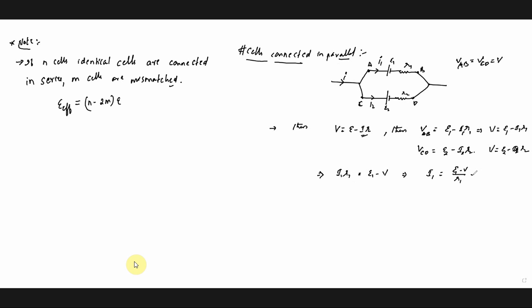I'll take it as equation number 1. Similarly, I2 can be taken as (E2 minus V) by R2. From the parallel combination, we can write I is equal to I1 plus I2.